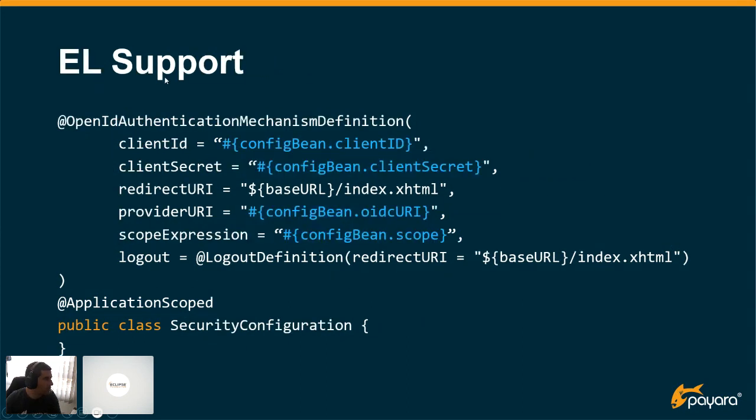So, Jakarta Security also introduced expression language support. And the idea is that you can configure these values in a dynamic way using expression language. And all of these will point to specific beans that live either on the application or additional scopes.